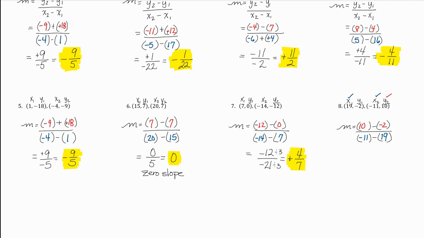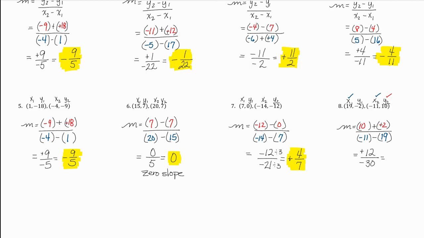So 10, right here, negative and a negative is a positive. So 10 plus 2 is equal to 12, or a positive 12, over, we have a negative 11 minus 19. So it's a negative 11 and a negative 19, which is a negative 30.